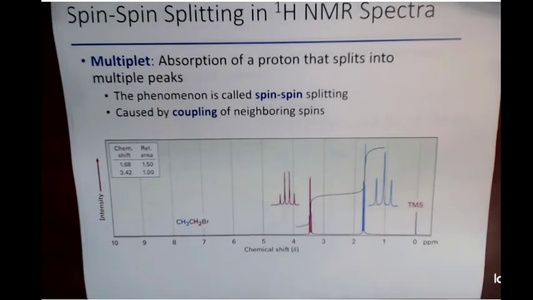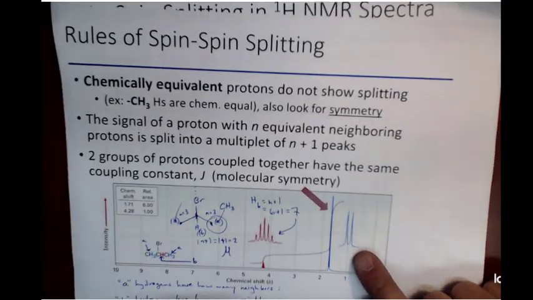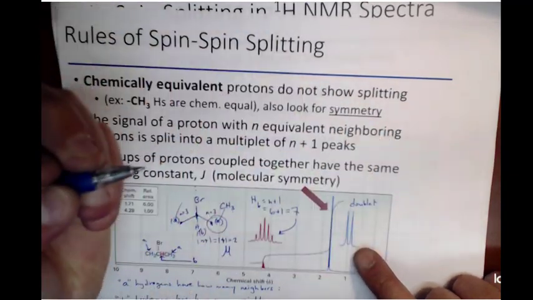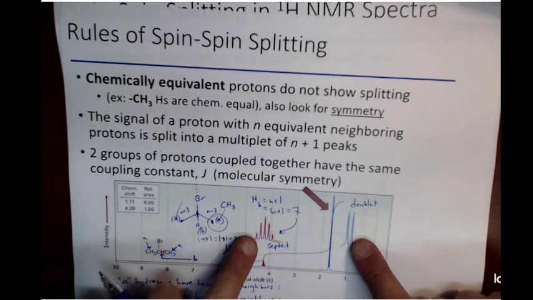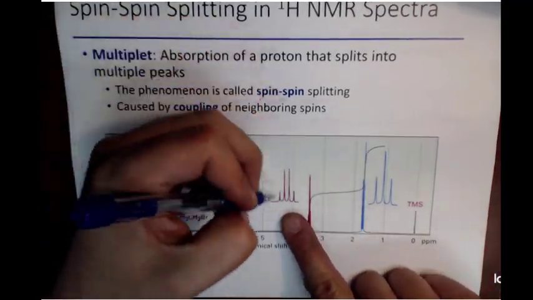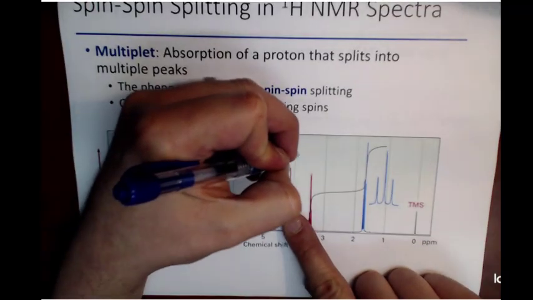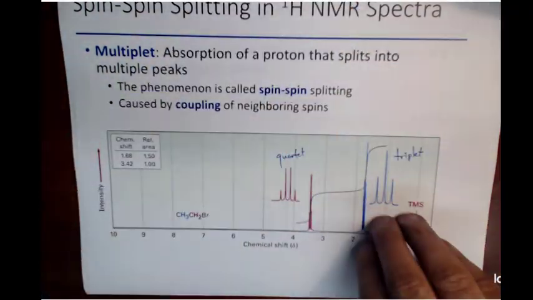For example, in this scenario, I would have told you that that's a doublet, and I would have told you that that was a septet. Vice versa, looking at this, I would have told you, okay, well that's a quartet, that's a triplet.